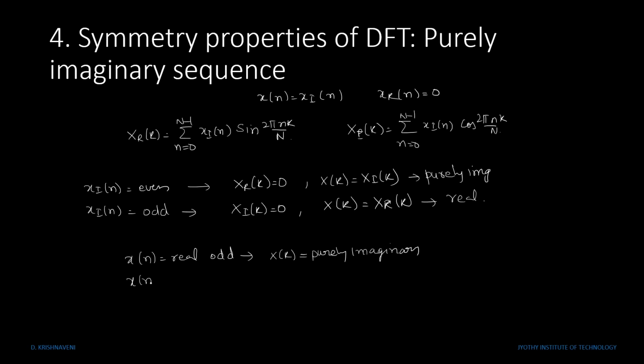Whereas if x of n was a real and even sequence, then x of k was real, because xr of k existed and xi of k was 0. So this is about the symmetric property.